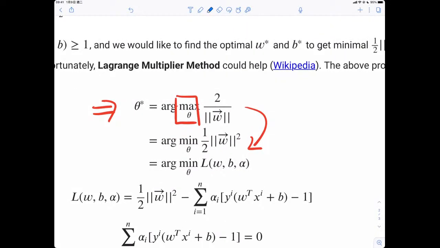If we would like to maximize something, we can write it this way: we can minimize these things. It is 2 over the W vector. We have to maximize this value, and we can minimize the one below.